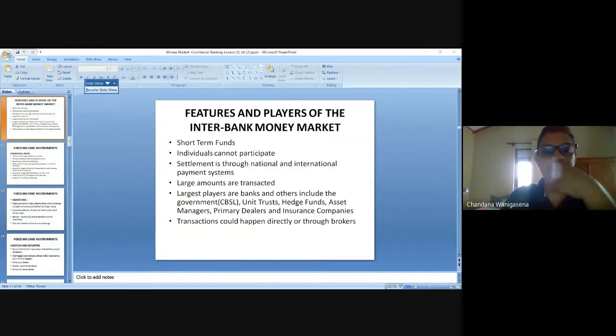Probably they don't have time to negotiate a loan with another financial institution, or the amount required is higher than what we can transact on a day-to-day basis in the money market, or asking for a loan from the central bank. Those alternatives are also very costly and expensive.